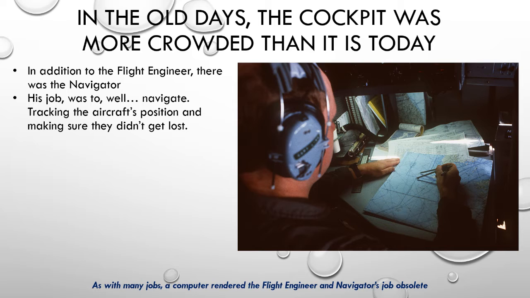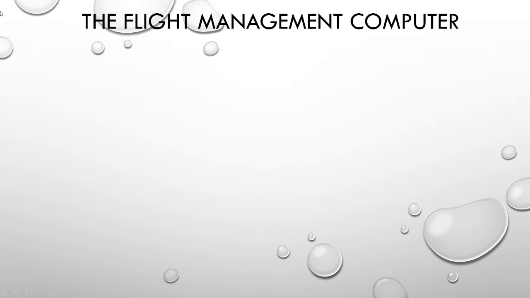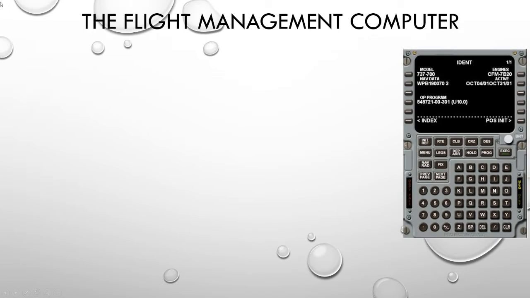Interesting point on the navigator: I want to say the Air Force still has navigators in their B-52s. That might have changed with the latest upgrades of avionics, but when I was in the Air Force, they still had the navigator and they still had to do old school navigating. A computer made the flight engineer's and the navigator's job obsolete. So that's the flight management computer.